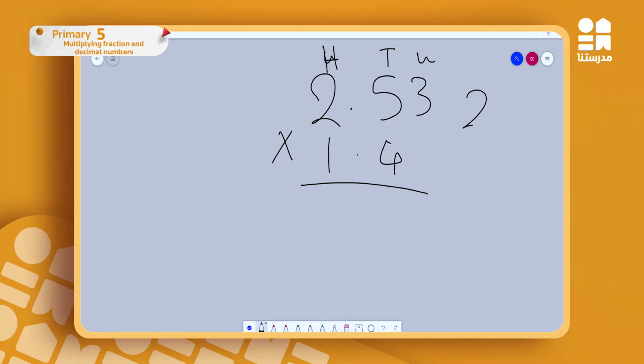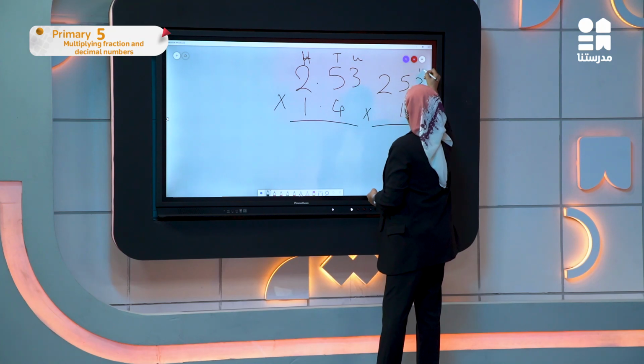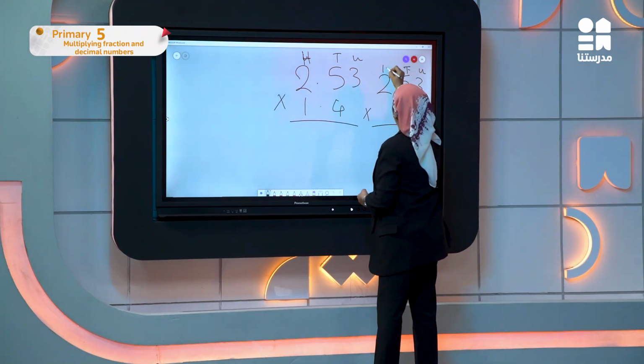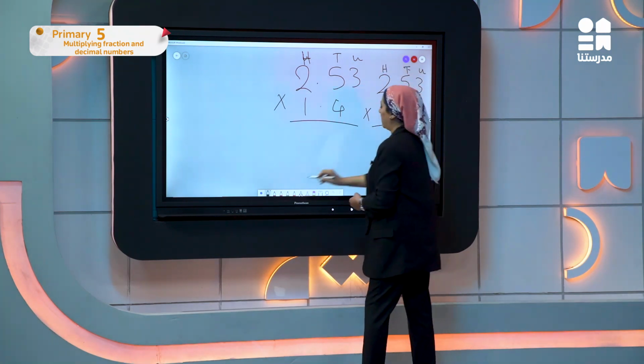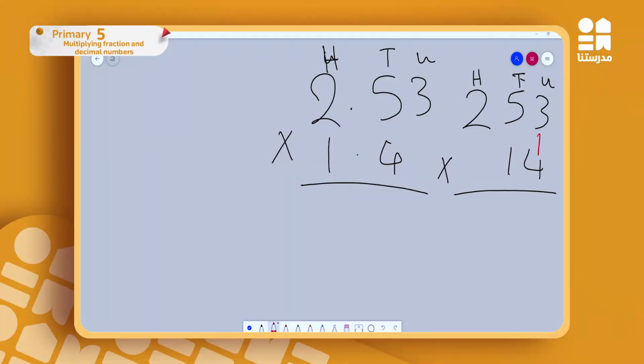So I'll take it again here, 253 times 14, and I start. Units, tens, and hundreds. First, 4 times 3 is 12, 2, and I carry up 1. 4 times 5 is 20, plus 1 is 21. Now 4 times 2 is 8, plus 2 is 10.